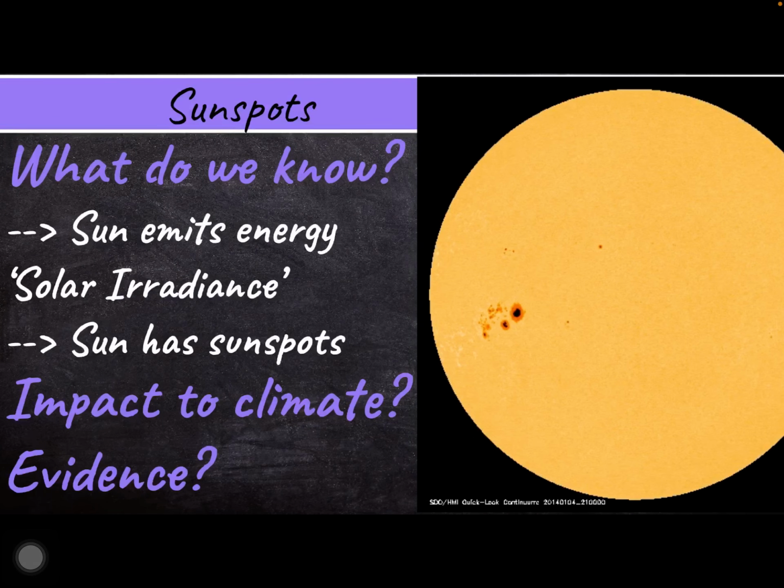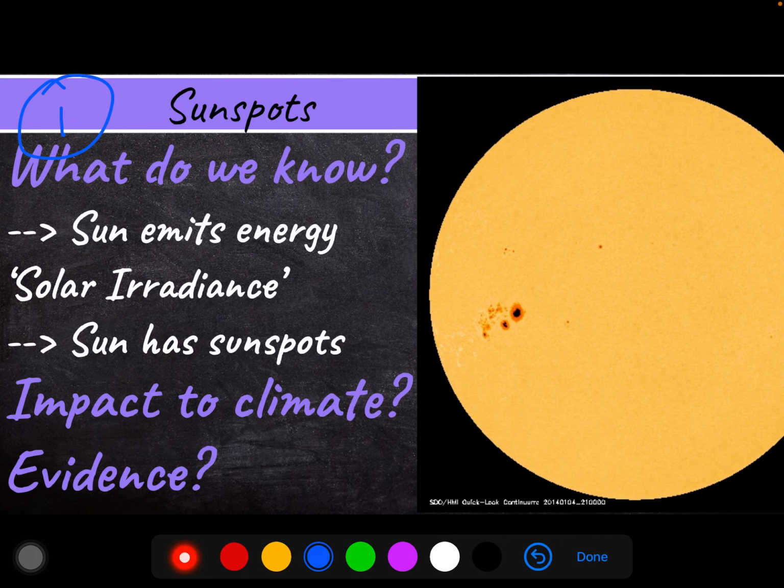So again, sunspots, number 1, what do we know, right? What are they? Well, essentially, we know the sun is doing 2 things. It has a solar irradiance, right? It's giving off energy. And we also know it has these periods of sunspots. And we did talk about the sunspots being cool pockets across the sun's surface.